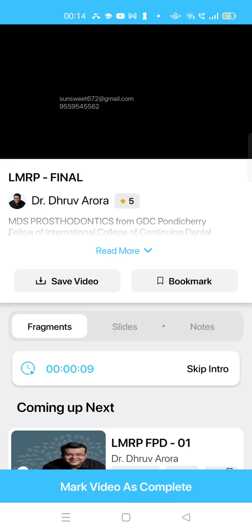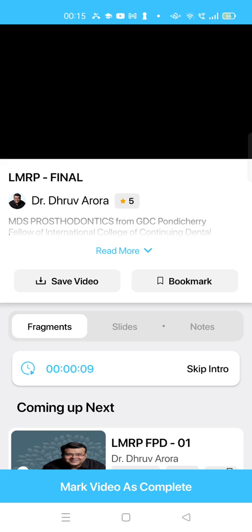The third most important point is the Bayron point, which is 13 millimeters anterior to the posterior margin of tragus on a line passing from center of tragus to the outer canthus. Right? So these are the three most important posterior reference points which you will come across very commonly.